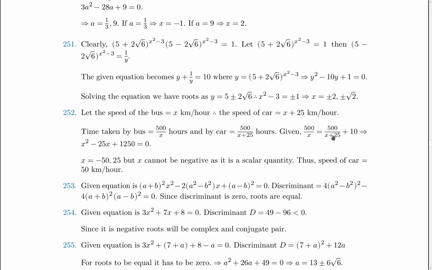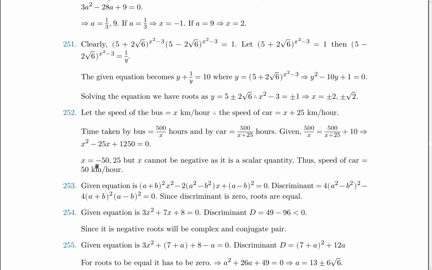Then x square plus 25x will be on the right side, and the 1250 would be minus. So that's the equation, the plus minus signs are exchanged.